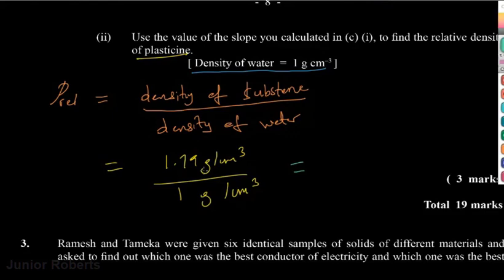Okay, perfect. So it's going to be 1.79, and Sabrina, Daniel is saying with no units. Do you agree, Sabrina, that we should not have a unit here?